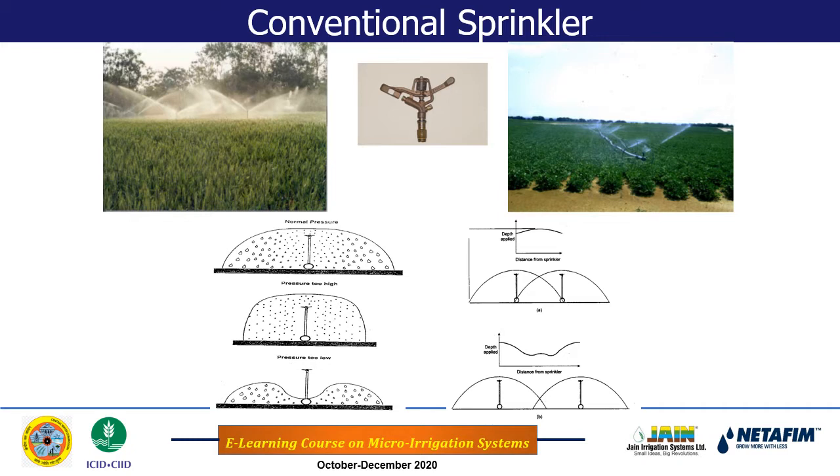As you see from here, there are certain characteristics associated with this sprinkler irrigation method as well. But as this is not the topic of today, I'm not going to cover those in detail. But just below the photographs, you can see the sprinkling pattern.